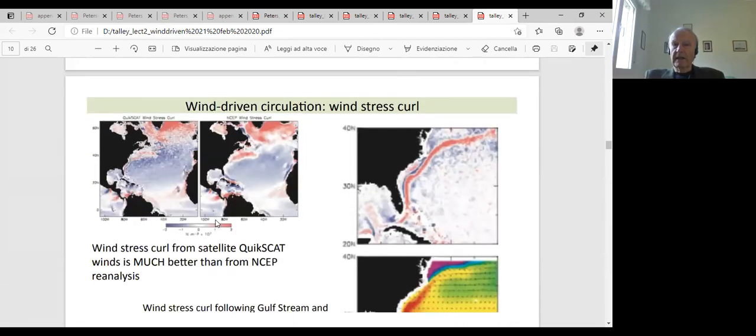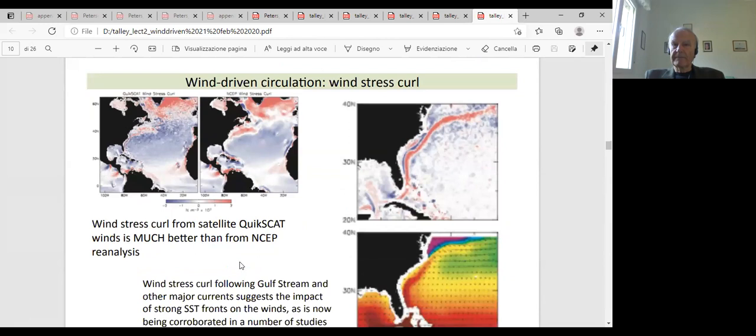So that means that if we know the spatial distribution of the wind stress curl, we will be able to reconstruct the upwelling and downwelling areas of the ocean, and not only that, we would be able to reconstruct the water movements which are generated by this wind stress curl.